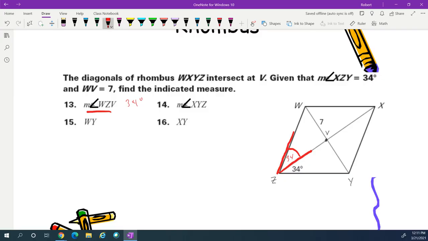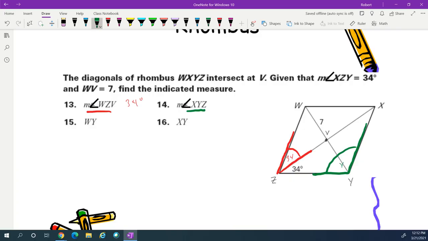Let's take a look at another angle, XYZ. So again, I want to find angle XYZ, this big angle right here. Let's call it y, a variable there. We can do this a few ways. One easy way is that the consecutive interior angles are supplementary.